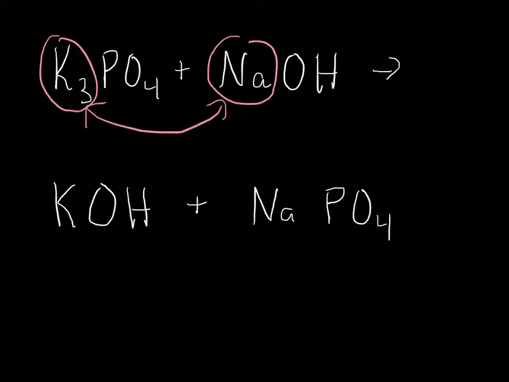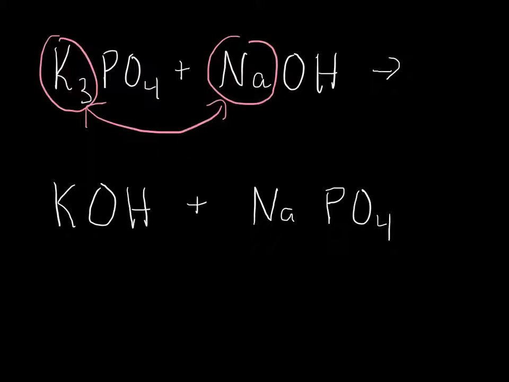Now we need to check and see if this is correct and if this is the correct formula for these compounds. So K has a charge of +1, OH has a charge of -1, so KOH is correct.